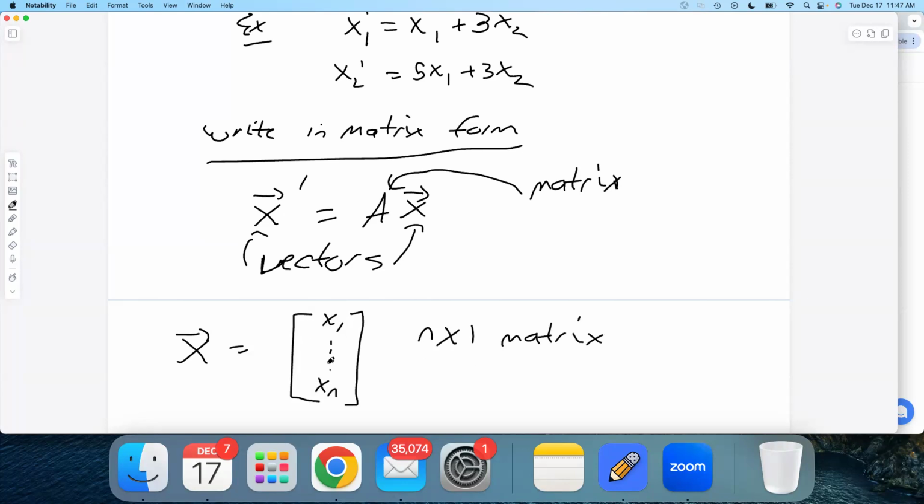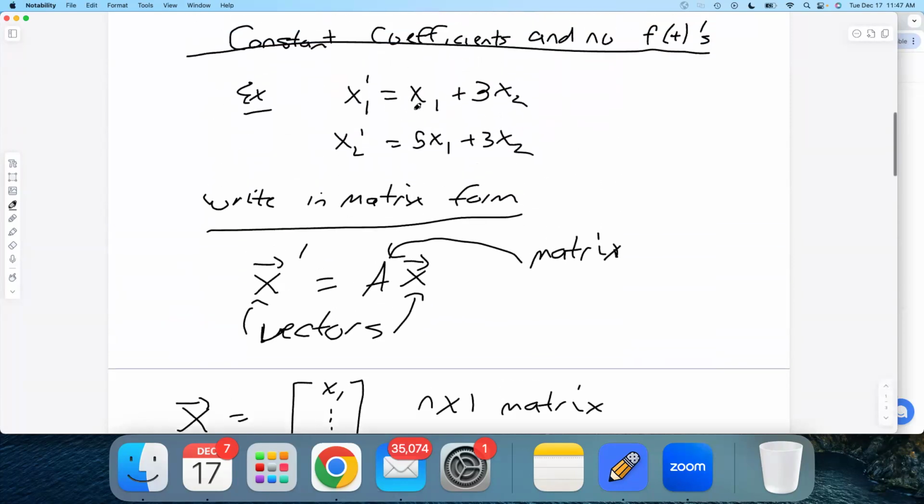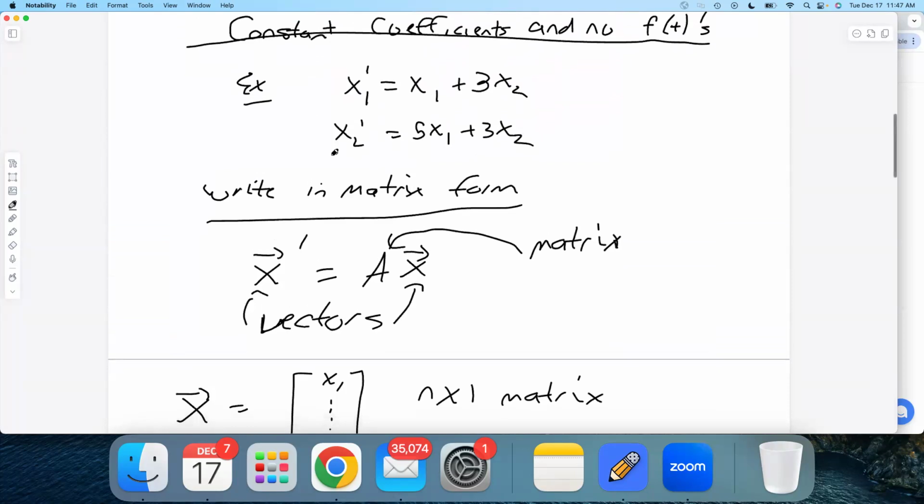I have n rows, 1 column. And then x vector prime is we just take the derivative of each of these guys, x1 prime, x2 prime, all the way down to xn prime. And the matrix A here is made up of all of our little coefficients here.